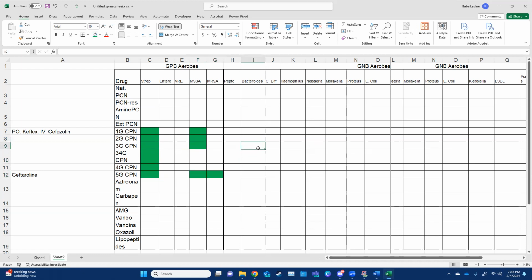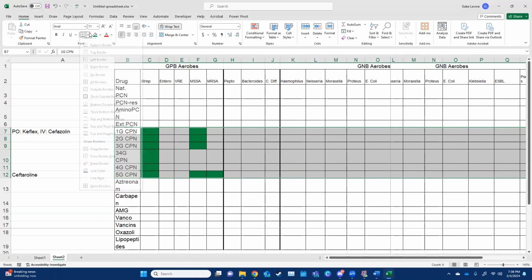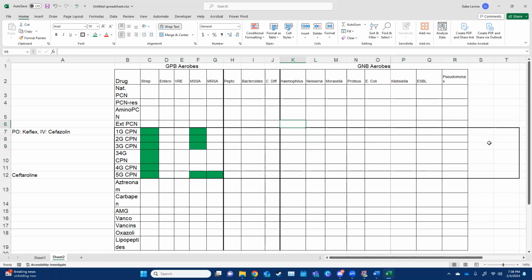We gain it back with ceftaroline, but we lose it after the 3rd gen. Any questions? All right.